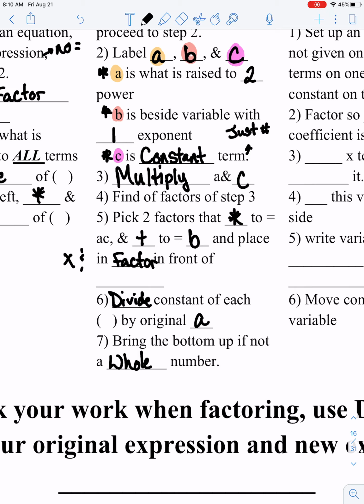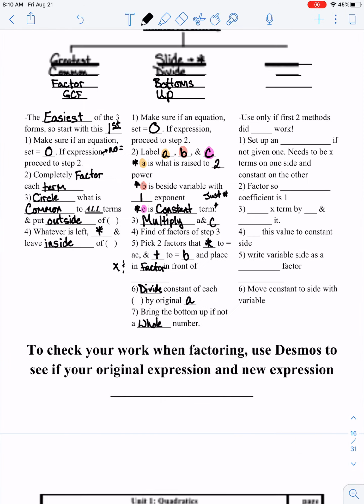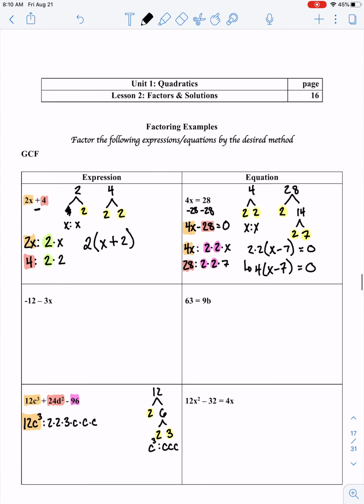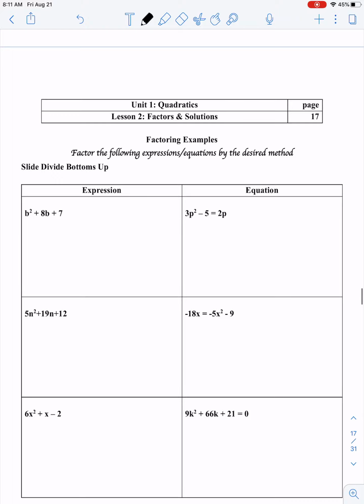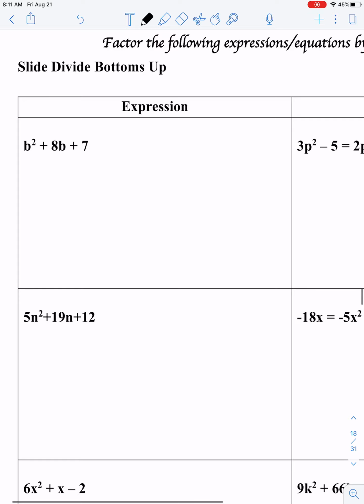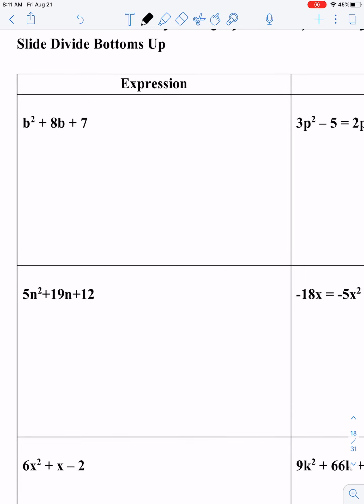So explaining it just by words is kind of difficult to look at, but I'll go through some examples on page 17. So I'm actually going to do a harder one. Okay, so when you do this, the first thing you need to do is label your A, label your B, and then label your C. Remember, A is a number that's raised to the second power with your variable.